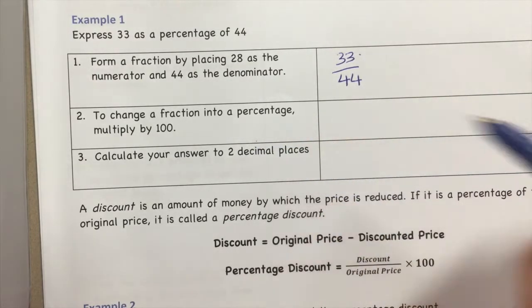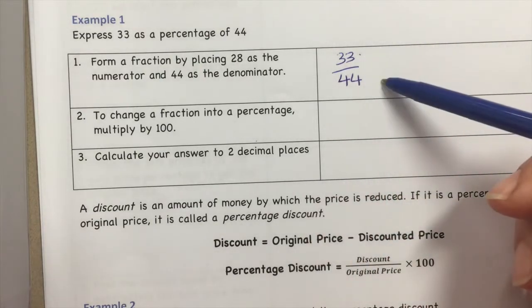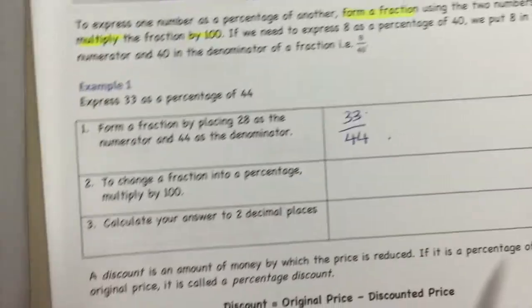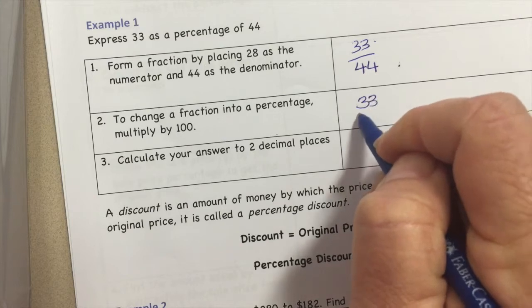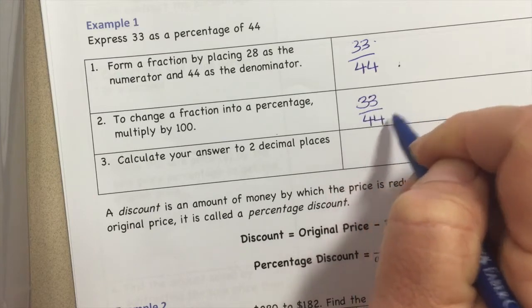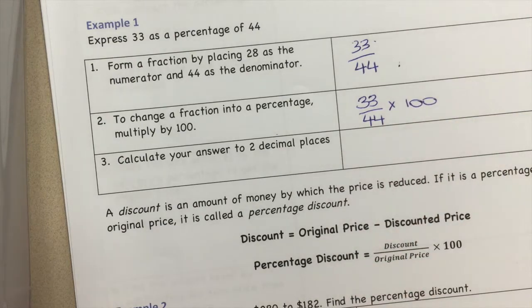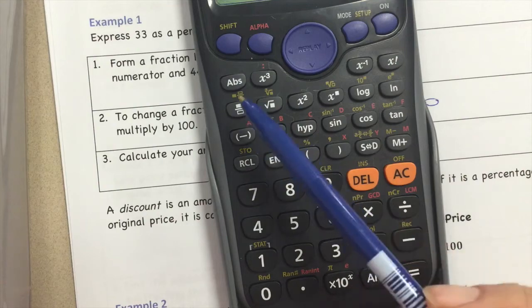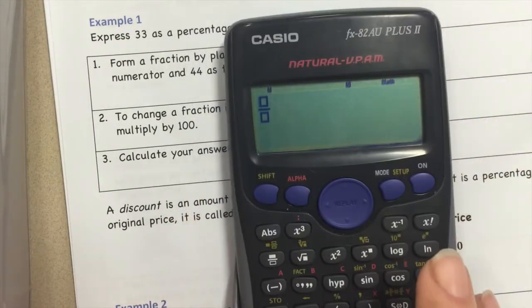In order to change it into a percentage, remember you need to form a fraction, which we've done. The next thing you need to do is multiply by 100. So we'll go 33 over 44 multiplied by 100. Now use your calculator. On your calculator you have this button here, and most of you should know that is your fraction button. So let's press that one straight up.